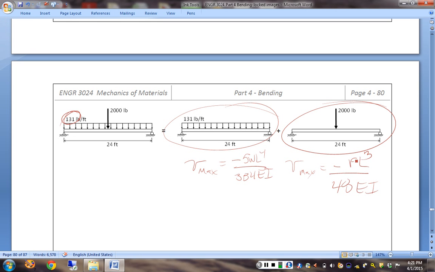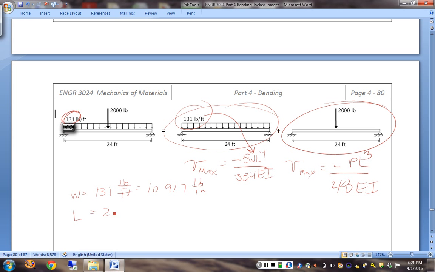And from there, it's just a plug and chug. So what is W? W is 131. What is the length? 24 feet times 12. You don't need to convert. You need to convert your W as well. So W is 131 pounds per foot, which is 10.917 pounds per inch.